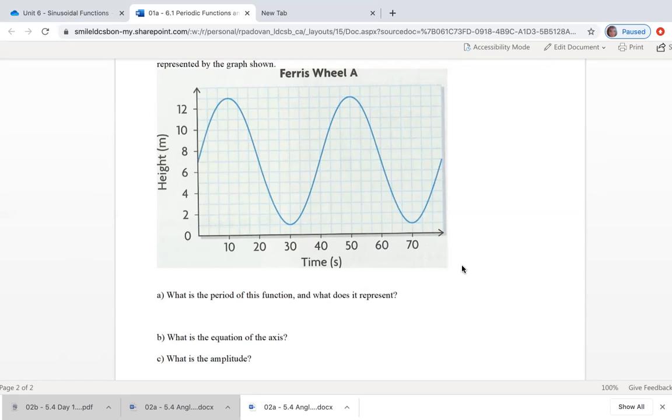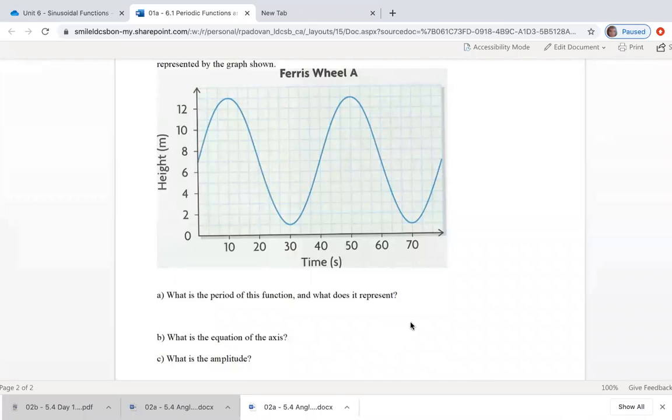So if I can go over this here, let me change my line width.